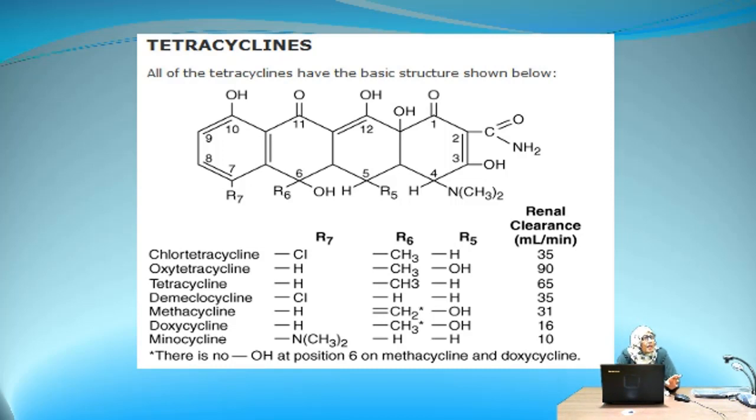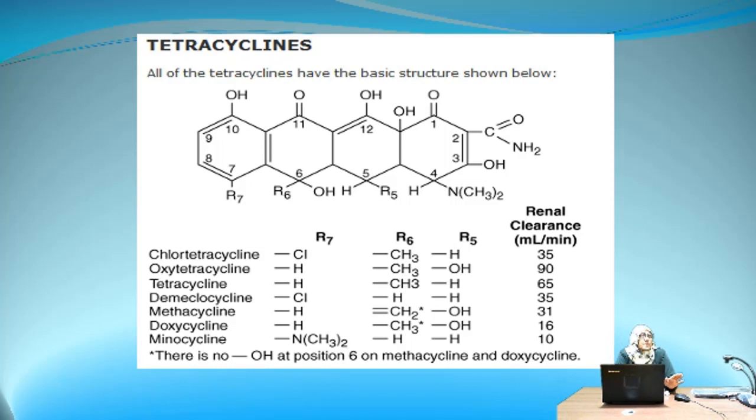Minocycline has N(CH3)2 in R7, H in R6, and also H in R5. There is no OH at position 6 on methacycline and doxycycline.